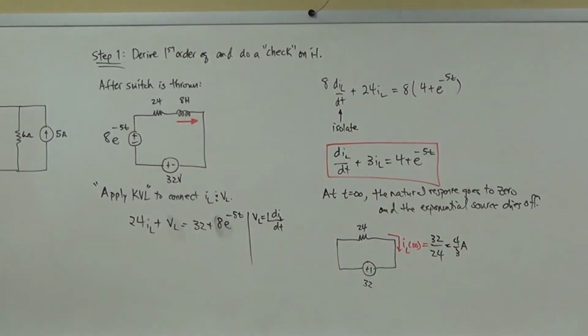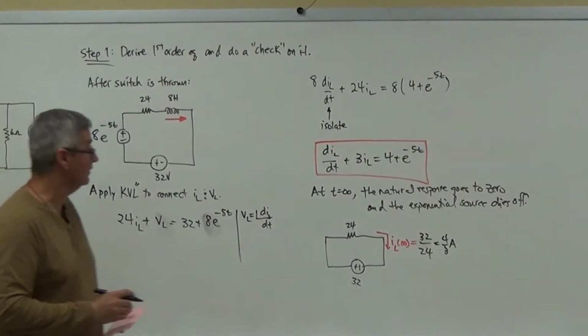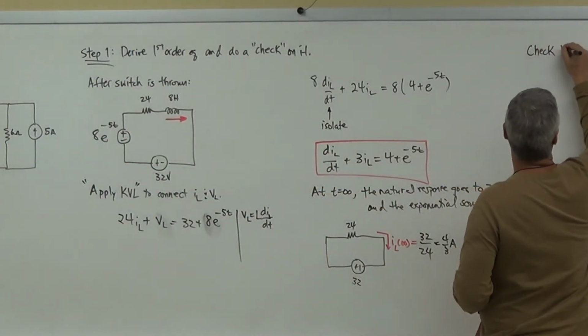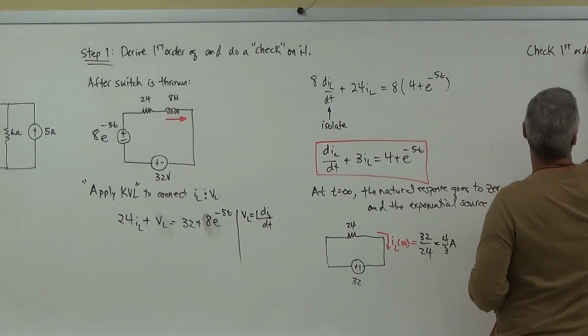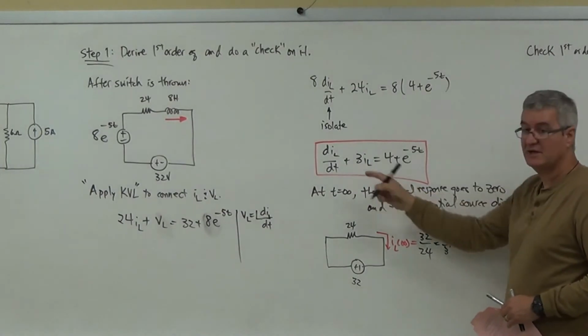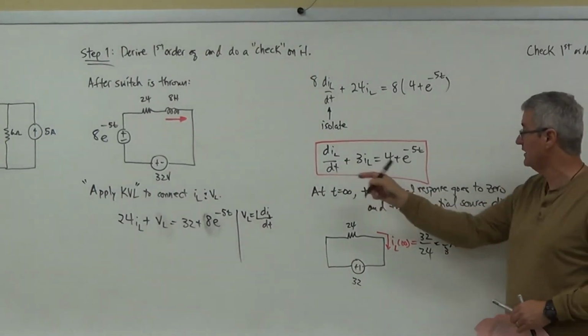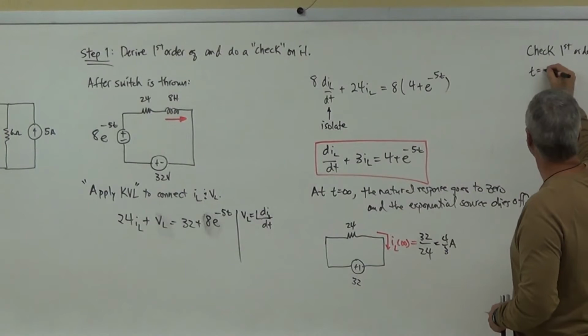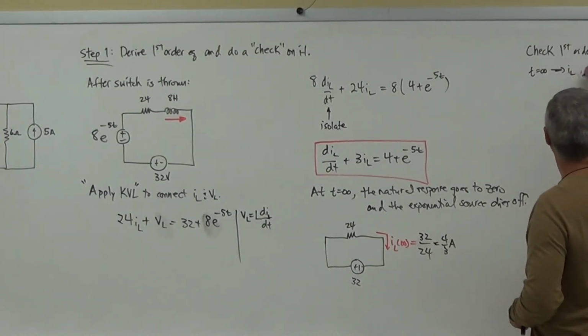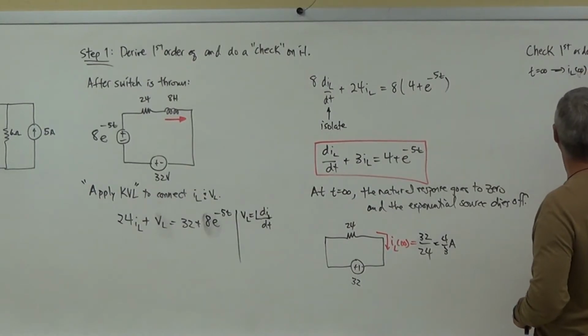Does my differential equation give me that solution? So now, I'm going to check the first order equation, or at least one check. So when I look at this guy here, note that we expected the inductor current at t equals infinity, IL of infinity, to be equal to a constant.